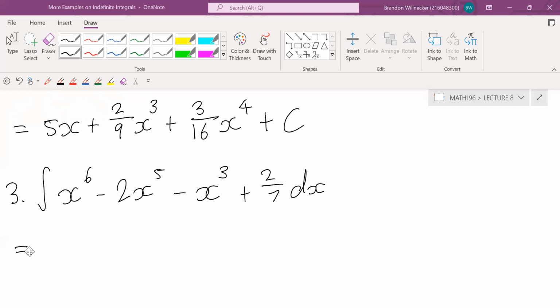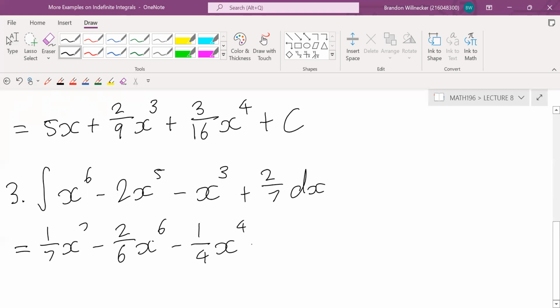So for the first one, we're going to get 1/7 x to the 7 minus 2/6 x to the 6 minus 1/4 x to the 4 plus 2/7 x, and don't forget the plus c. And just a note here, we've got 2/6. You can simplify that if you want to 1/3.